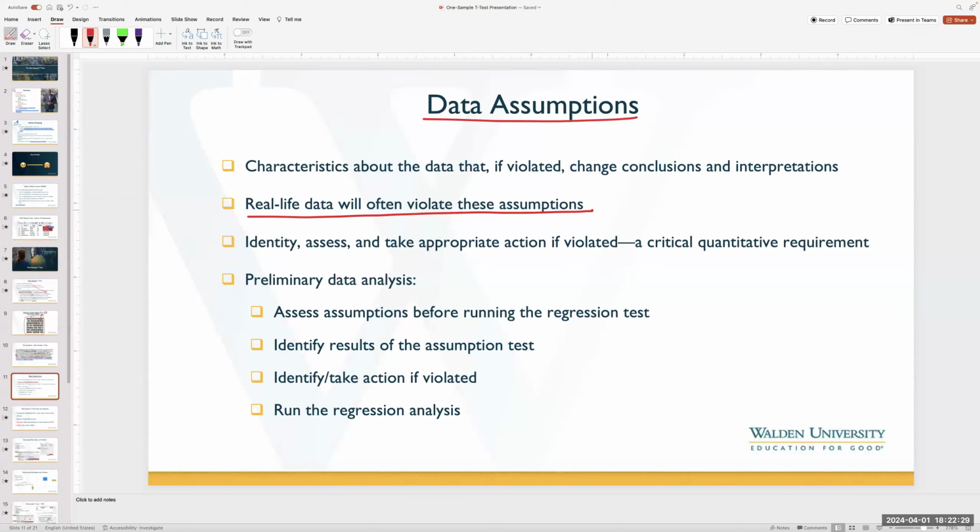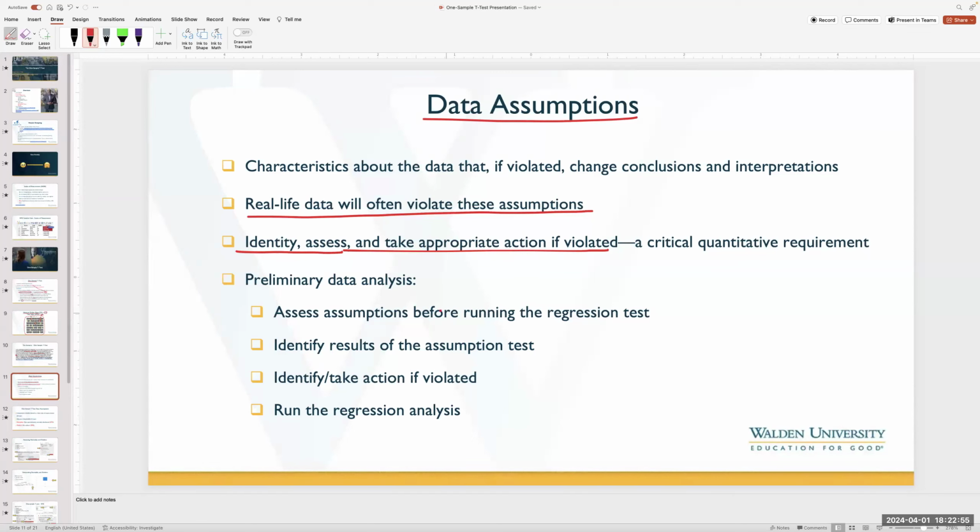Now we move to the next step of research and say, okay, now I know that I have to assess these assumptions, identify them, assess them, and then take some actions if they're violated. So we're going through the temporal order of answering a research question and using statistical analysis to answer those research questions. Okay?